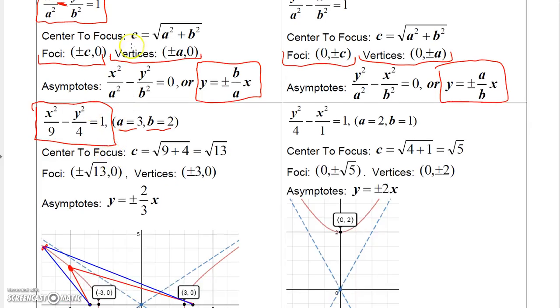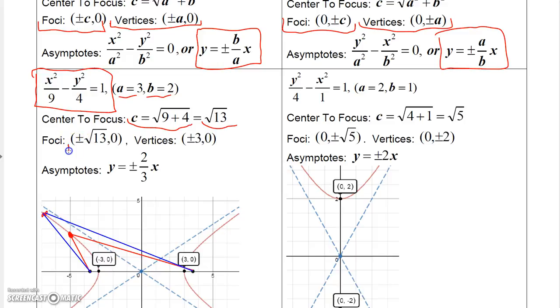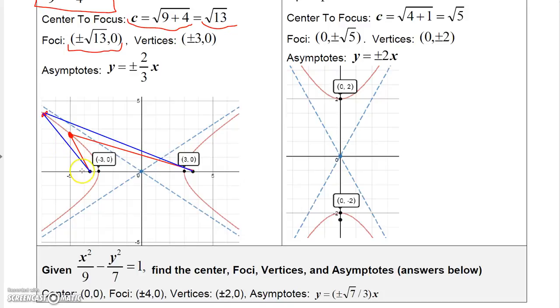Based on this formula up here, the center to the focus would be the square root of a squared plus b squared, which would be the square root of 9 plus 4, or square root of 13. So the foci would be plus or minus square root of 13, 0. If you go back and look, that point here is minus square root of 13, 0, and this point here is plus square root of 13, 0.